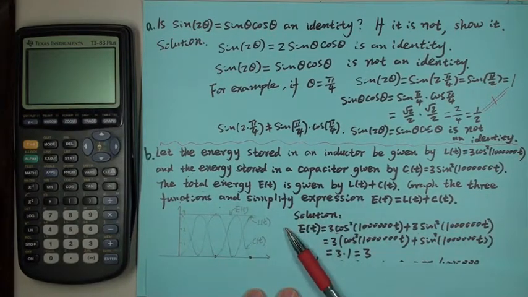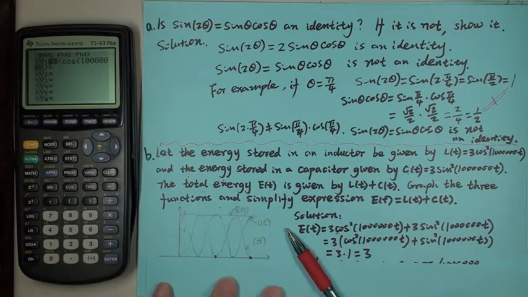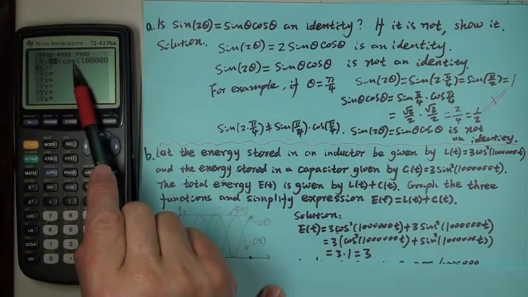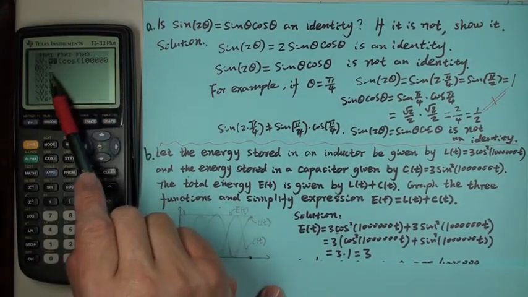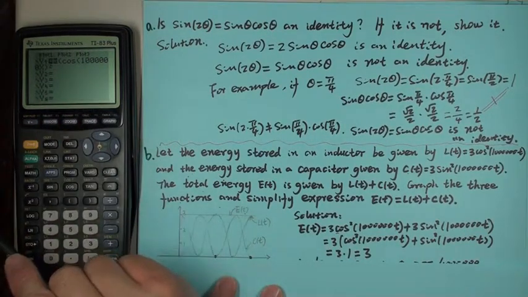Okay, so down here, if you input the function L of t right here, it is 3 times cosine 1 million x parentheses squared.